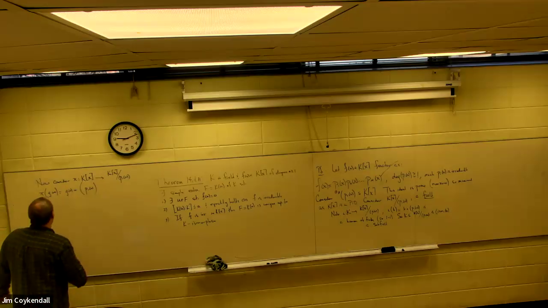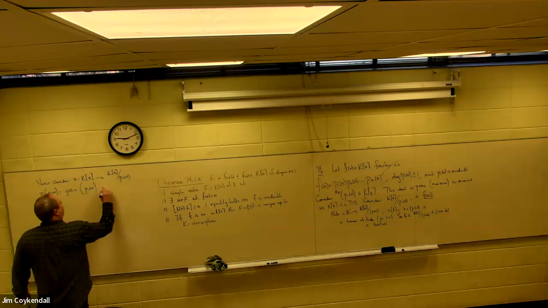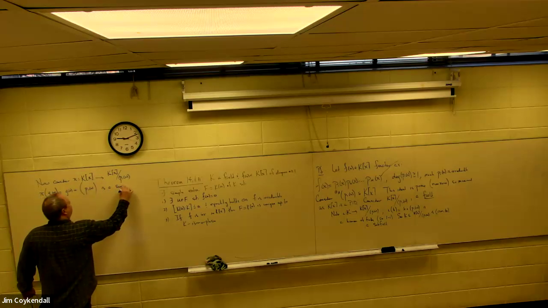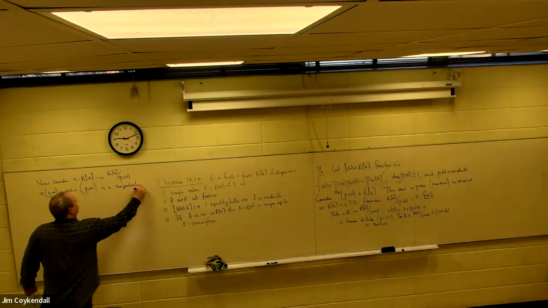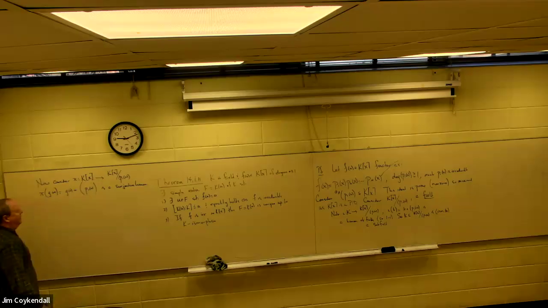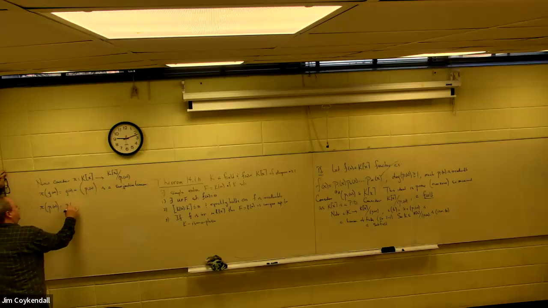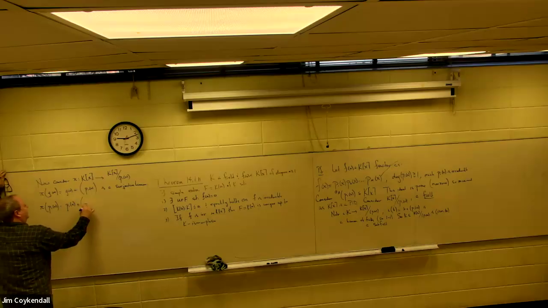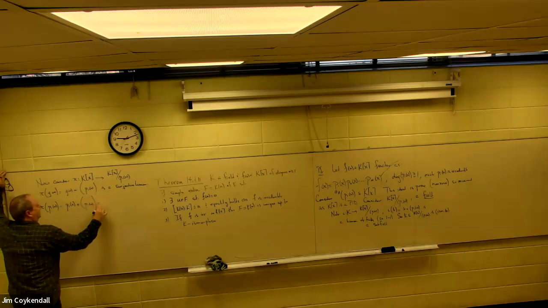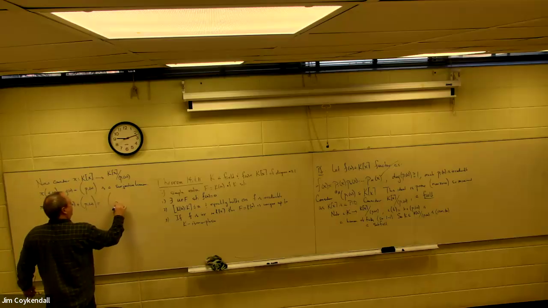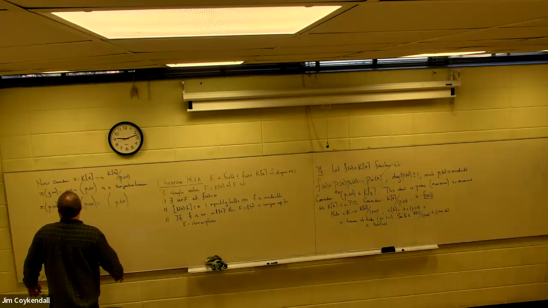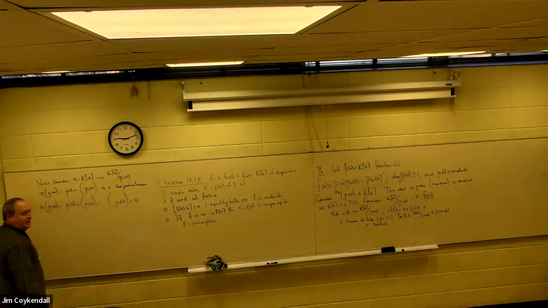Now notice that pi is a surjective homomorphism. So notice that pi of p1(x) is the 0 element in the field k[x] mod p1(x), right?